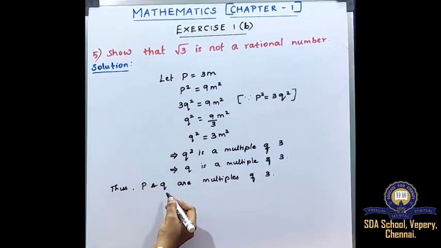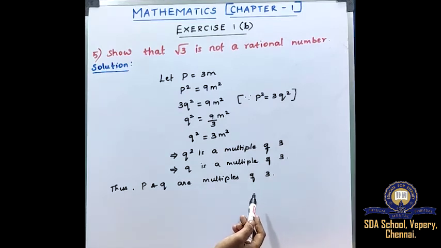Now, this contradicts the hypothesis. Why? Because p and q are the rational numbers, right? p by q form. So, it should not have common factor other than 1. But here we have p and q are multiples of 3.